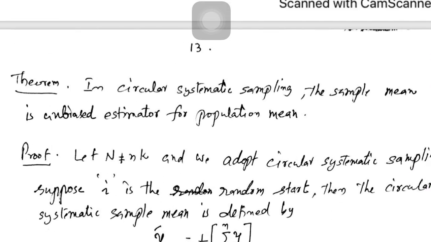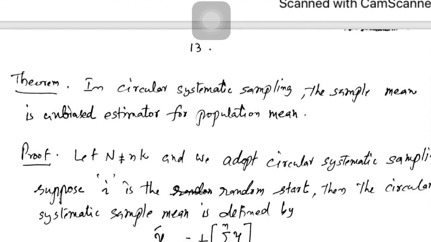And the theory of estimation is expressed in the theorem. In circular systematic sampling, the sample mean is unbiased for population mean. In circular systematic sampling, the systematic sample mean is unbiased estimator for population mean.